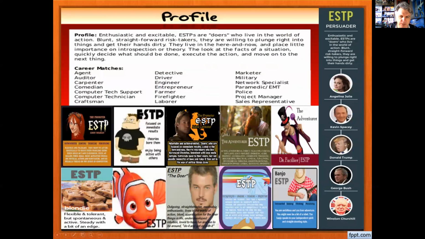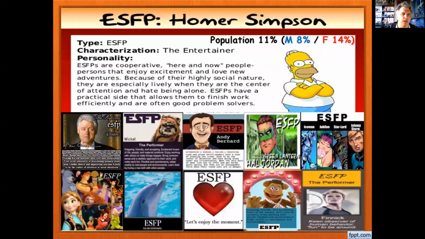And you also fall into the Donald Trump category over there, that extroverted sort of person, enthusiastic, excitable, the doers that fall into that. If we look at the ESFPs, again, extroverted personalities there, here in the now, enjoy excitement, highly social nature. So you got your Homer Simpson along with your Andy Bernard, along with your Bill Clinton and your Fozzie Bear.